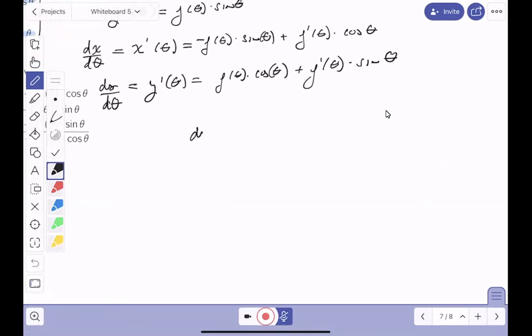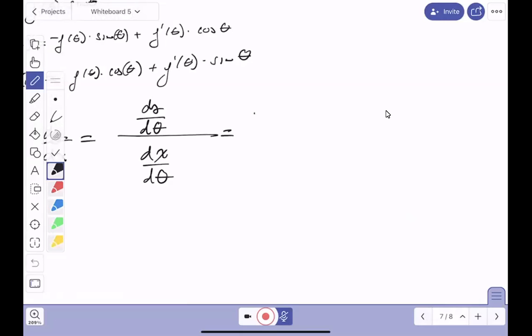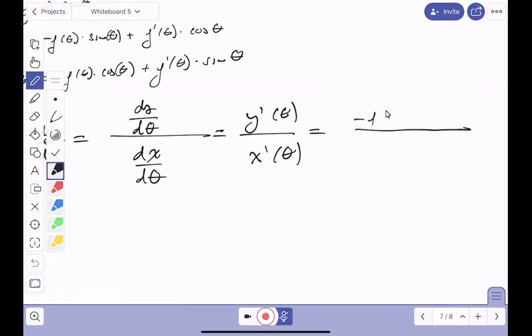I want to do dy dx. What's that going to be equal to? dy d theta over dx d theta. Or if you prefer, you could write down y prime theta over x prime theta. Let's write this down. What's y prime? Minus f. And again, I'm not asking you to memorize this. We're deriving it.